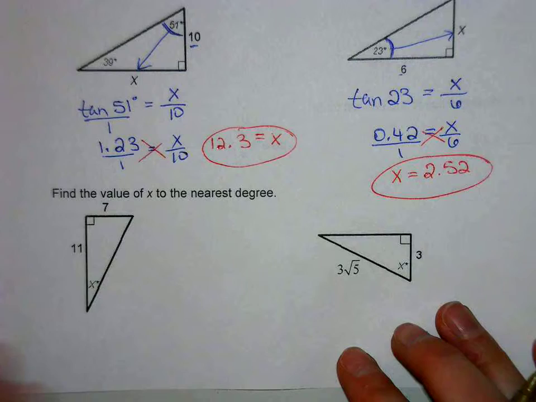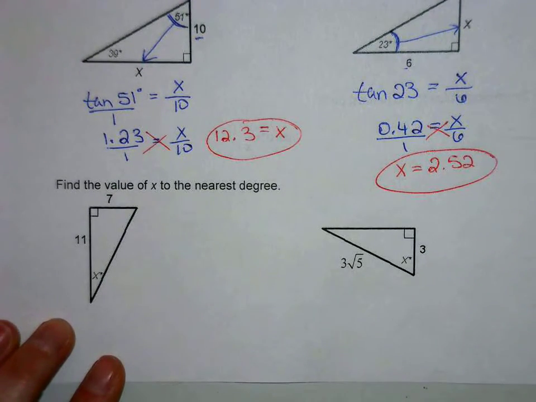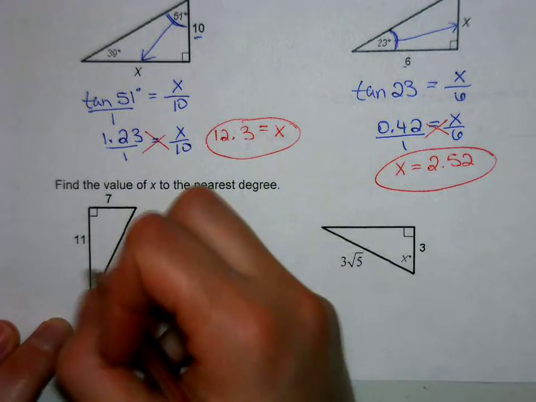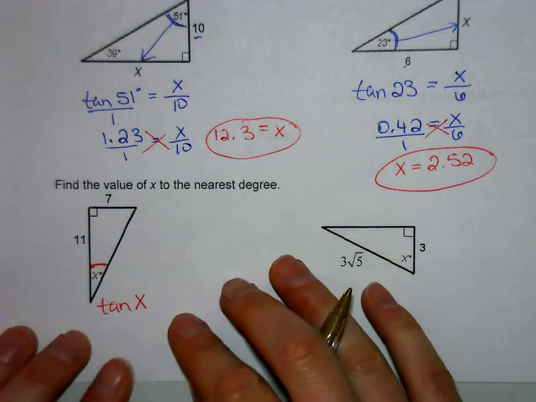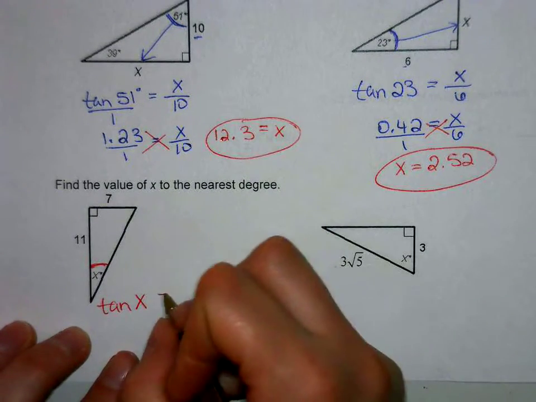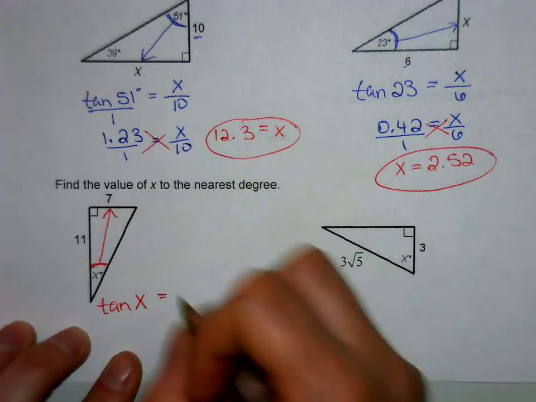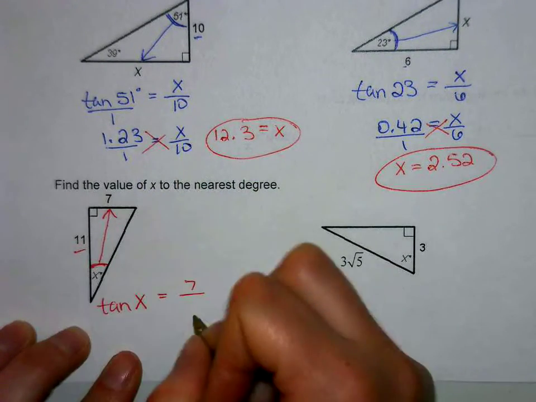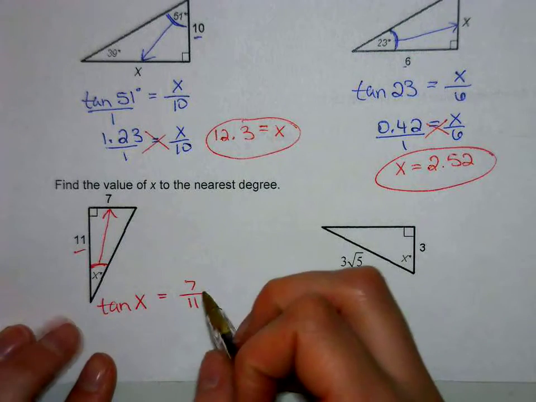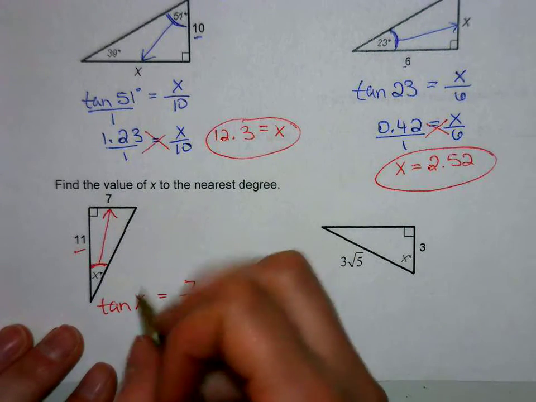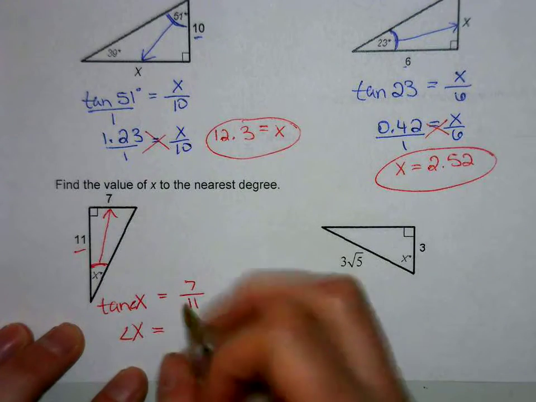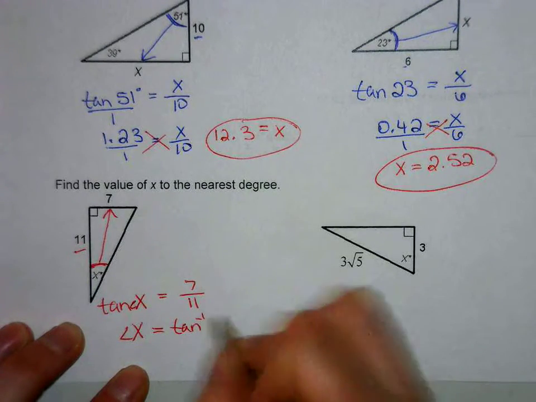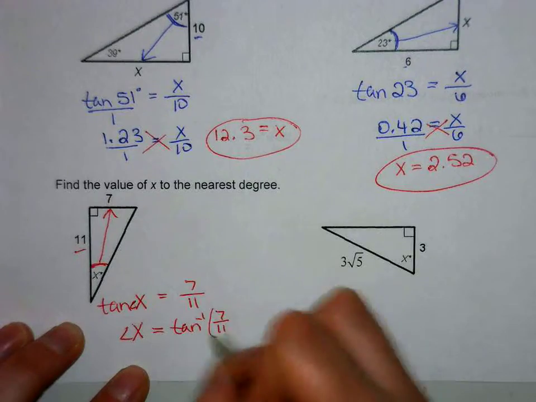Alright. We want to find the value of x to the nearest degree. So if we're using this angle, it's the tangent of x, and we don't know what that is, equals the side opposite over the adjacent. So how we do this, if we want to find the angle x, it's going to equal the inverse tan of 7 over 11.